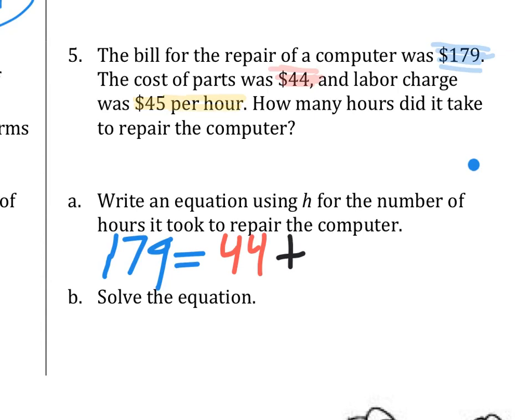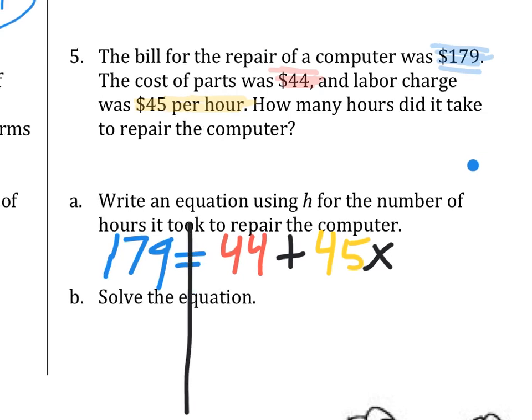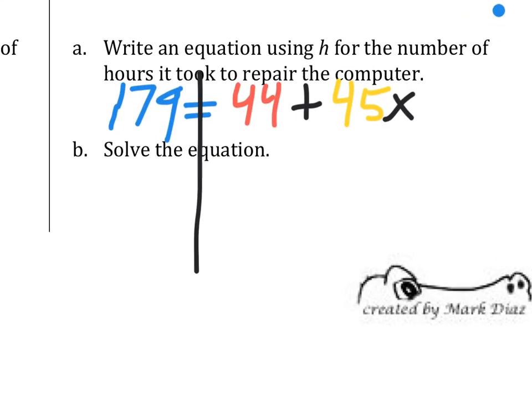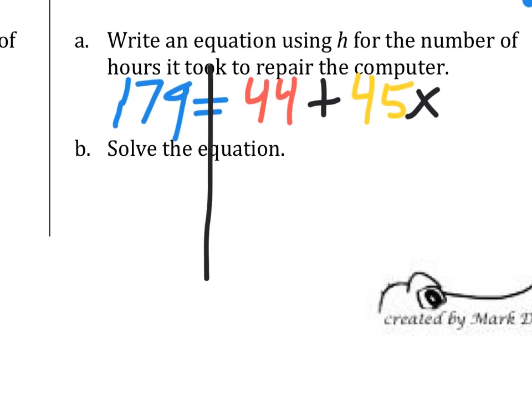Every hour that we work on that thing, it's going to be $45. So I've got my $45 here, but I don't know how long it took. So that is going to be my variable. And now I'm just going to solve the equation. Draw my line like I always do. First thing I'm going to do is subtract 44 from both sides because I'm trying to get everything away from that variable. So minus 44 on both sides.